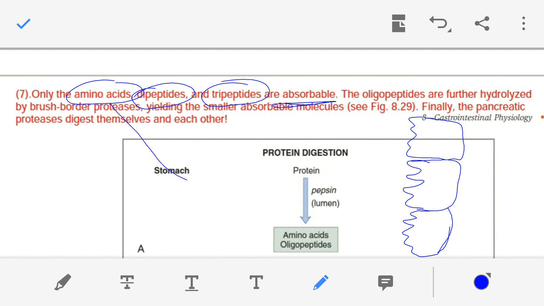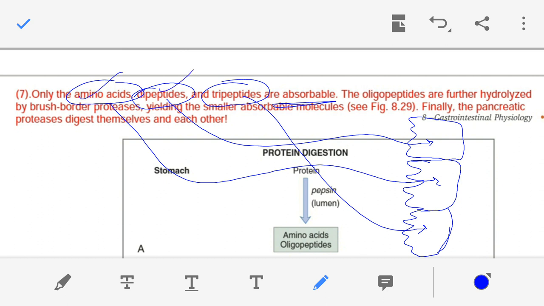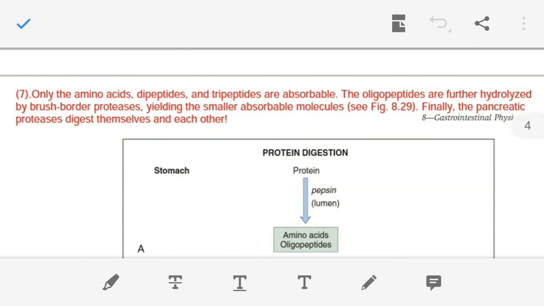In the enterocyte, amino acid can enter, dipeptide can enter, tripeptide can enter. This entry of amino acid, dipeptide and tripeptide into the enterocyte is the first part of the absorption process. And when they enter the blood capillary, then we can say the absorption process of amino acid is completed.